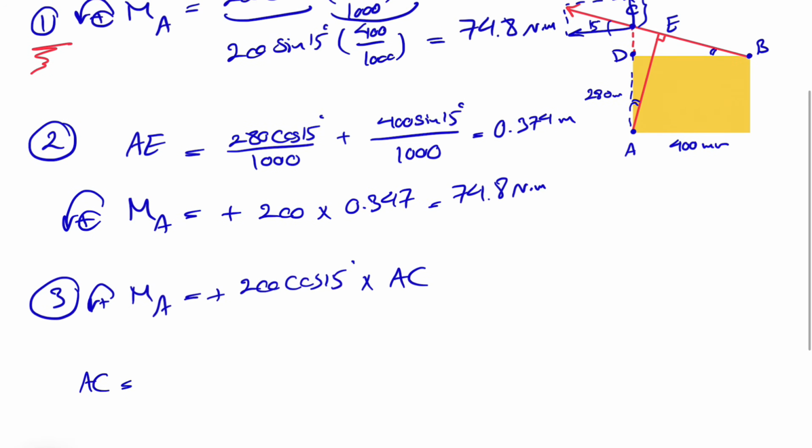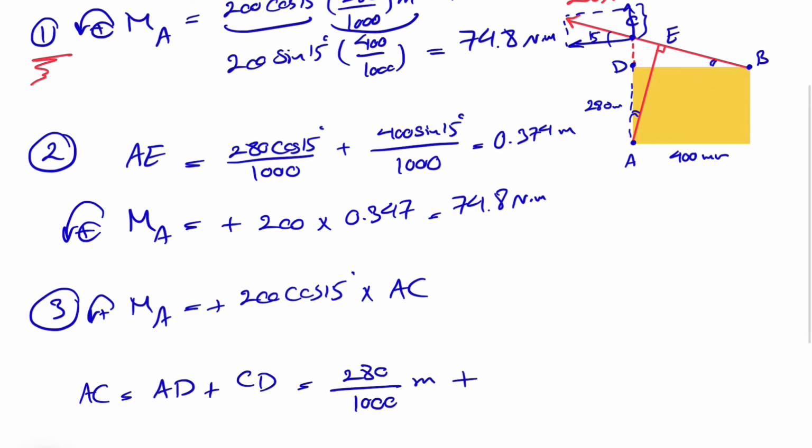Let's see how we can find AC. AC is basically AD plus CD. We already know AD, it's 280 millimeter. We're going to divide by 1,000 to get it in meters, plus what we have for CD.